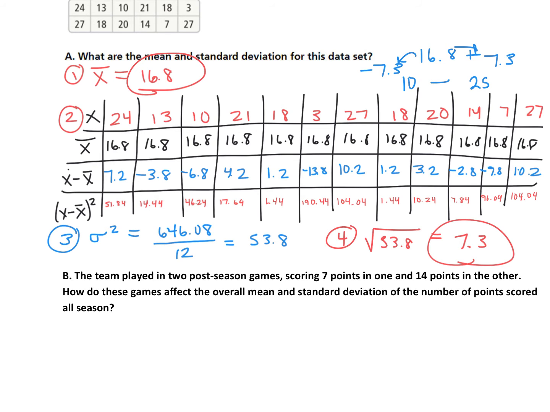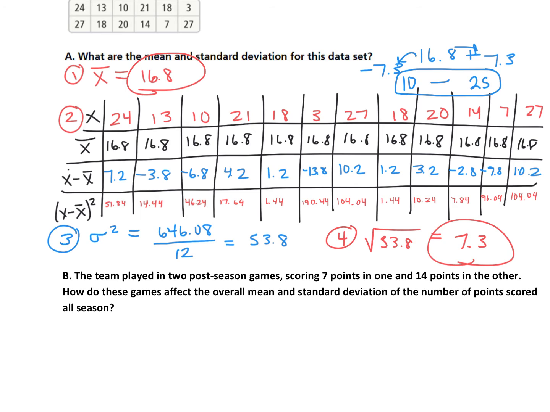That means that the team scored between 10 and 25 points in about 68% of the games. So remember, one standard deviation away on either side is about 68% of the time that happens.